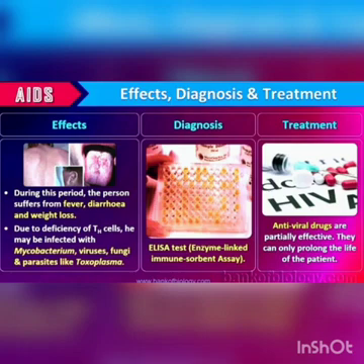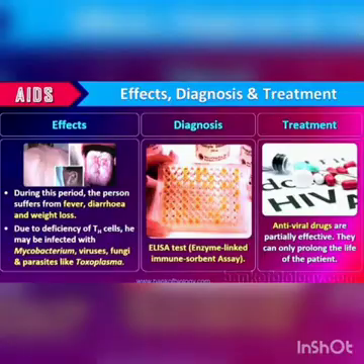We can diagnose this disease by the ELISA test. The full form is enzyme linked immunosorbent assay. For treatment, antiviral drugs are partially effective. They can only prolong the life of the patient, not cure it.